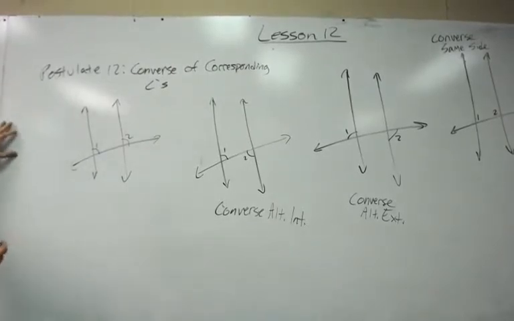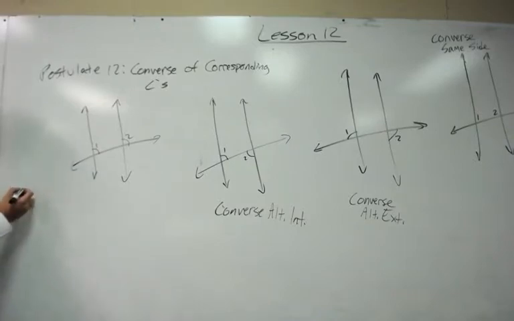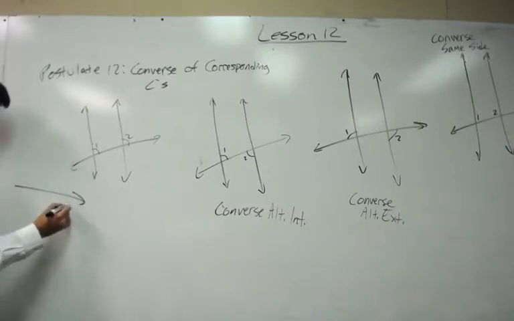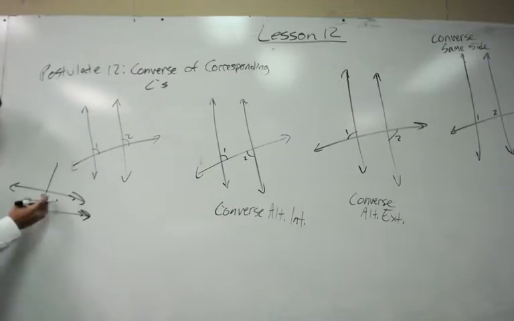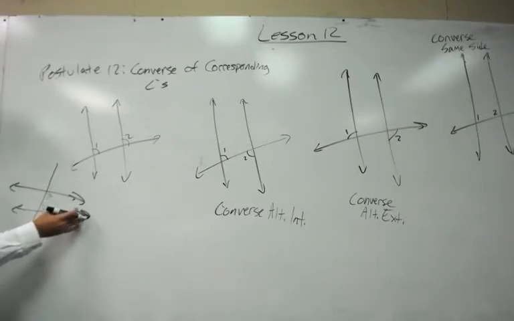What we had in the past, in investigation 1, was that if we have two parallel lines cut by a transversal, we already know these are parallel, then angles 1 and 2 are corresponding angles and they would be congruent. But we knew they were congruent because the lines were parallel.